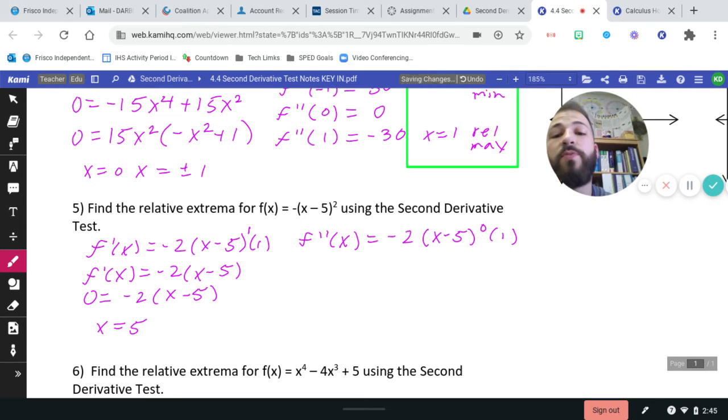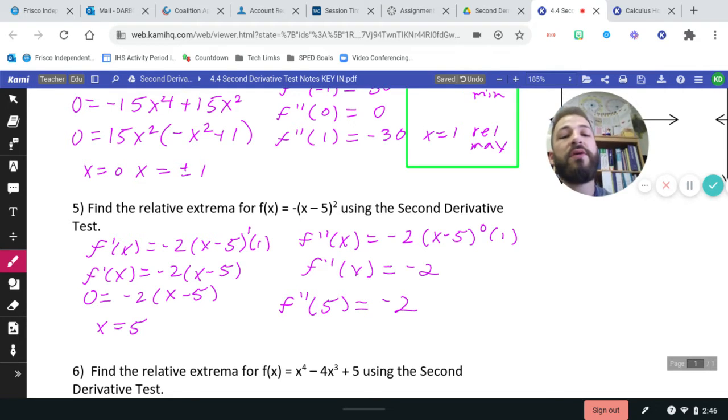Anything to a 0 power is 1, so f double prime of x is equal to 1 times negative 2, so it's just negative 2. That's an easy derivative. So now if I want to do f double prime of 5, well, everything on f double prime is equal to negative 2. So since I got negative 2, negative means relative maximum. So x equals 5 is a relative maximum on f.